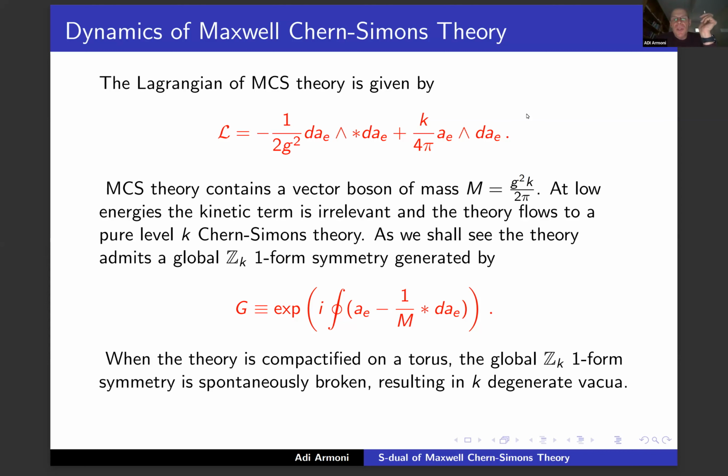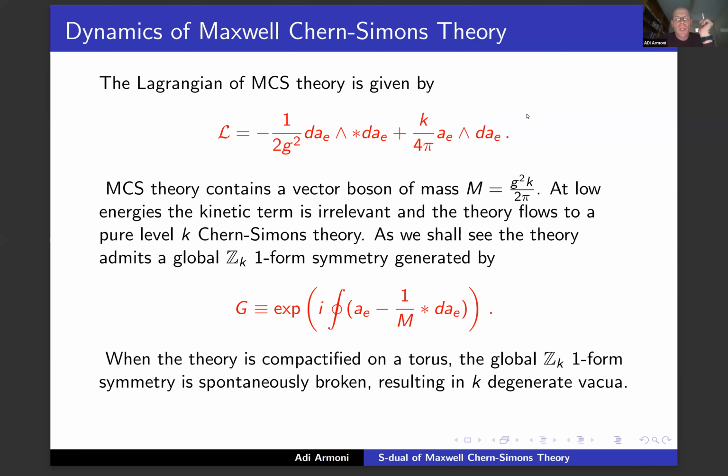Now, because of this term, we will see that we have a Z_K one-form symmetry, and it is generated by this operator G, which is the exponent of this integral over what's written here. I will derive it. For the moment, I'm just introducing it to say that there is a Z_K one-form symmetry in this theory.